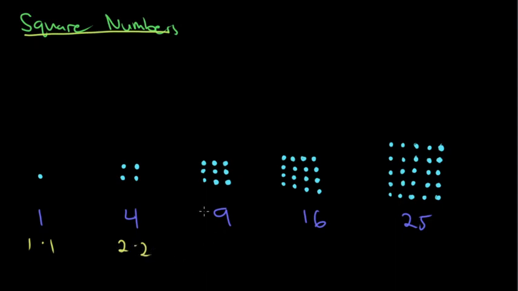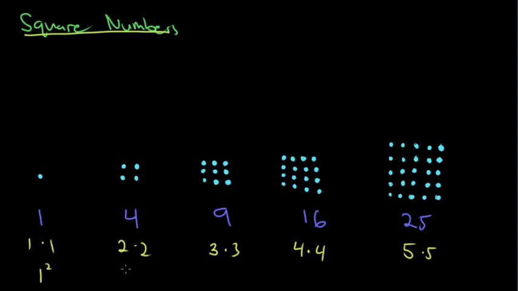Si 9 naman ay product ni 3 times 3. Si 16 naman ay product ni 4 times 4. And then 25 is the product of 5 times 5. Lahat yan square numbers. The first 5 actually of the square numbers.